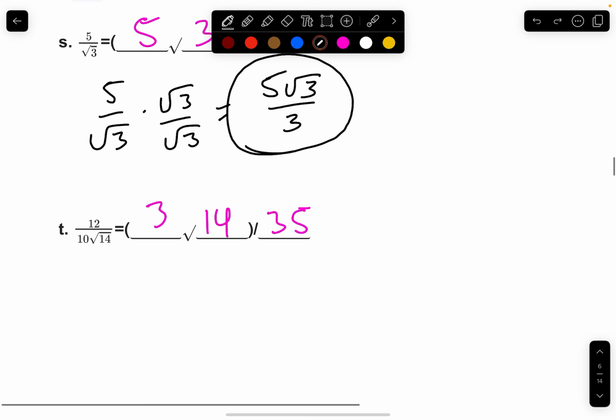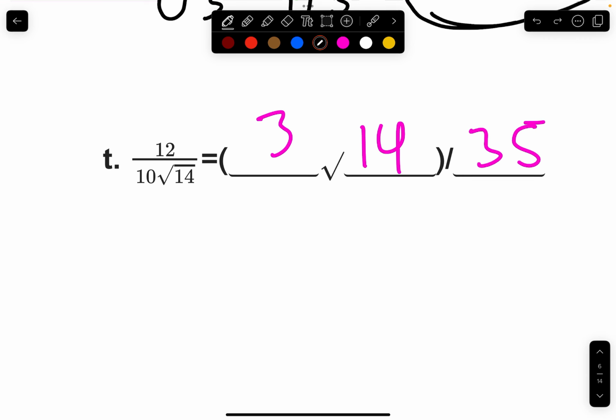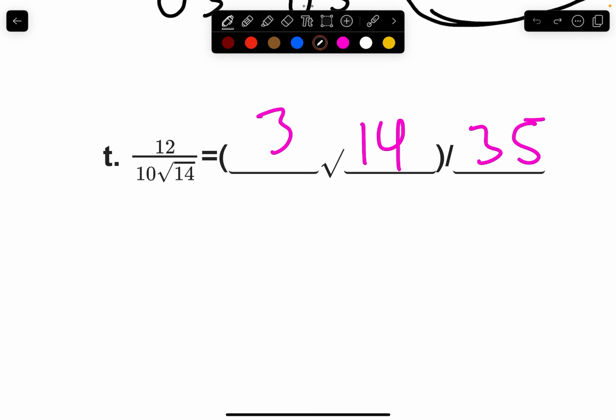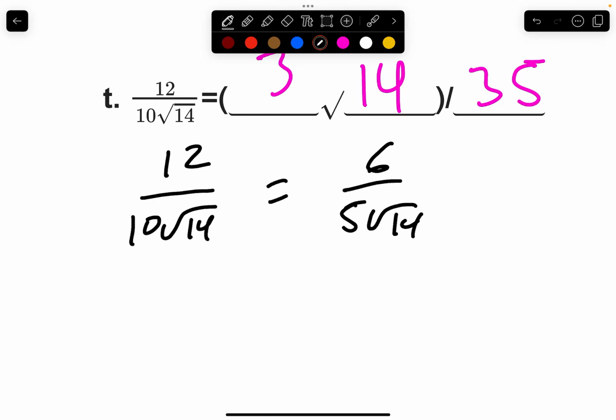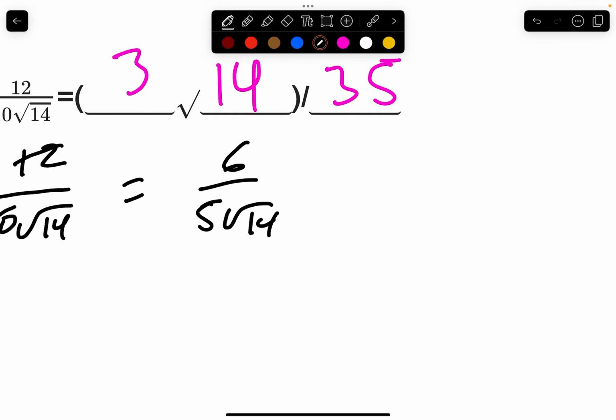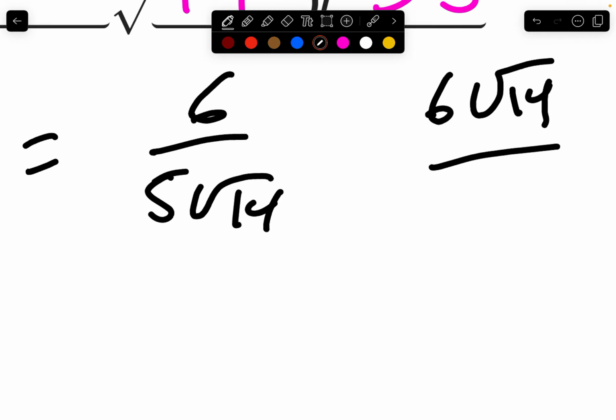Get ready. All right, this one looks like more work. Root 14 does not break down. That's 2 times 7, and those are not perfect squares. So we have 12 over 10 root 14. That would be 6 over 5 root 14 if I clean up 12 over 10 is 6 over 5. Rationalize the denominator. That'd be 6 root 14. Now hold up. What happens here?